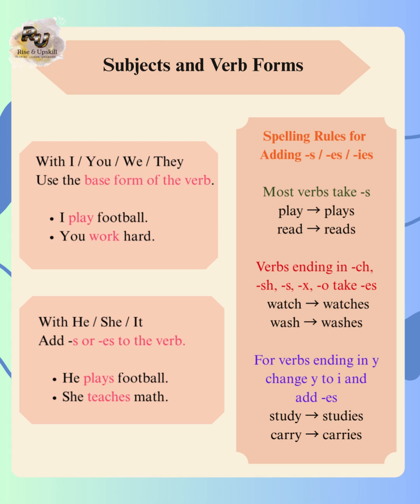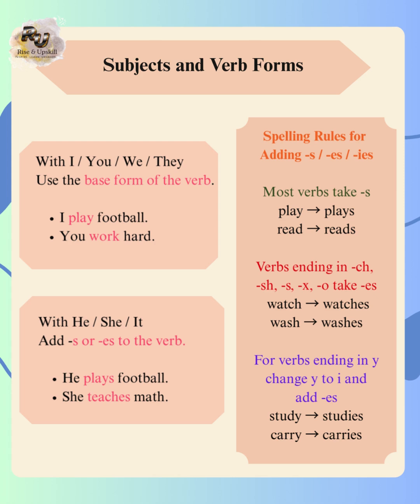Now, pay attention to spelling rules for adding s, es, and ies. Most verbs just take s. For example, play, plays. Read, reads. Some verbs ending in ch, sh, s, x, and o take es.